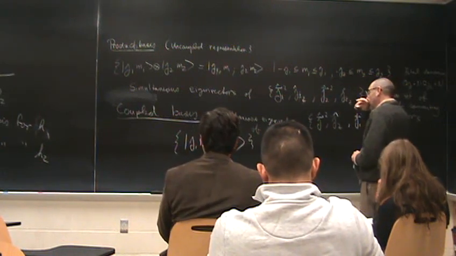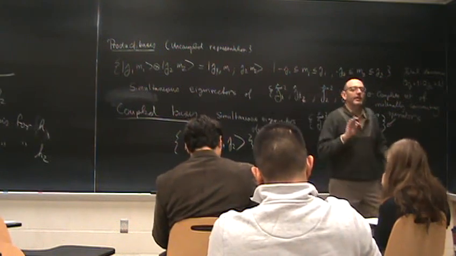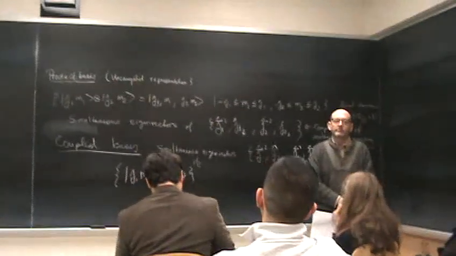Now, how do we think about this? One way to think about it is geometrically. Okay? So here's a kind of geometric picture.